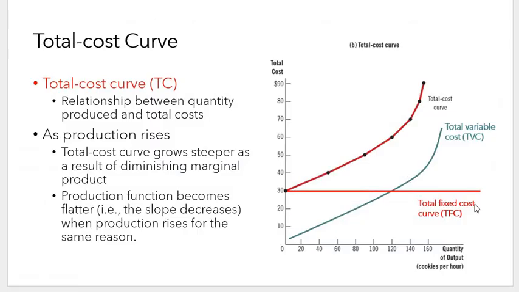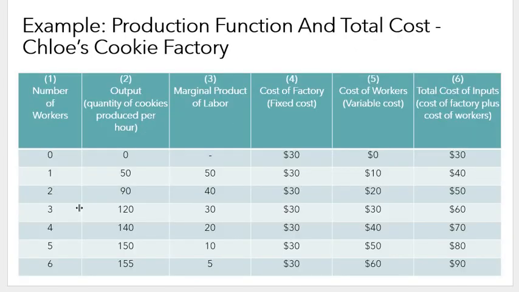So moving on, we're going to talk about another curve, the total cost curve. So remember that the 2 axes of a total cost curve: one is the quantity of production or output, which is basically column 2 in here. And the other one is the total cost, so it's column 6.